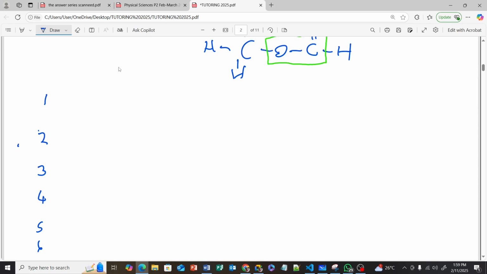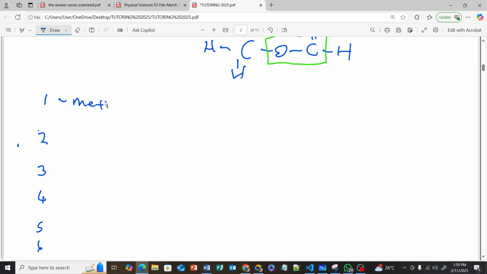We are going to deal with the longest of 8 carbons. So 1, 2, 3, 4, 5, 6, 7, and 8. 1, we will say it's meth.